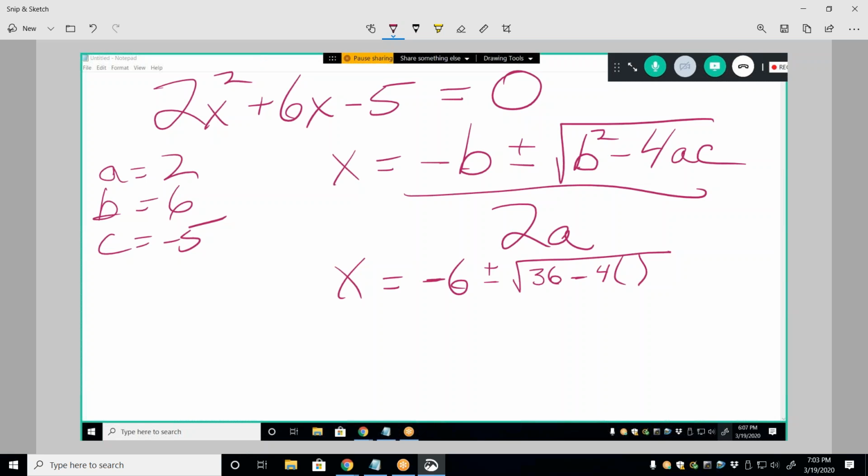This is where I think you should always do it this way, because you almost always have extra negative signs, and you're going to have two negative signs here. It's very confusing. So what's A? A is 2. C, it's -5. Now, this is where everybody can make a mistake really, really easily. And the way to avoid making a mistake is to solve that first.